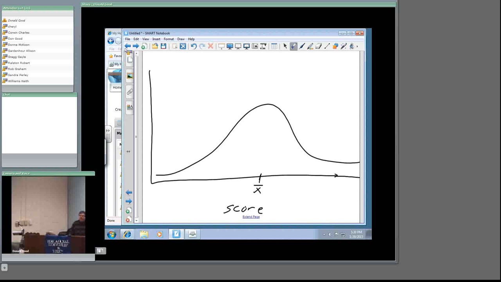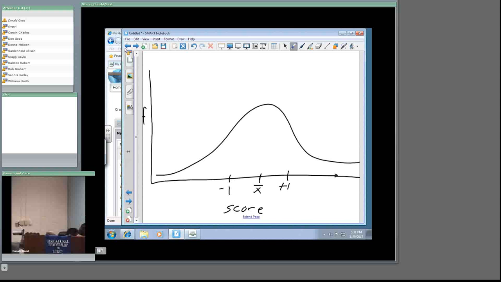If I think of standard deviation as a distance, I can look at a place on my scale from left to right that may be one standard deviation above the mean. Likewise, I can look at my scale from left to right and find a place that may be one standard deviation below the mean. Now, again, my left to right scale is the score. My vertical axis represents the frequency of something, so that's why the mean, median, and mode is under the high point.